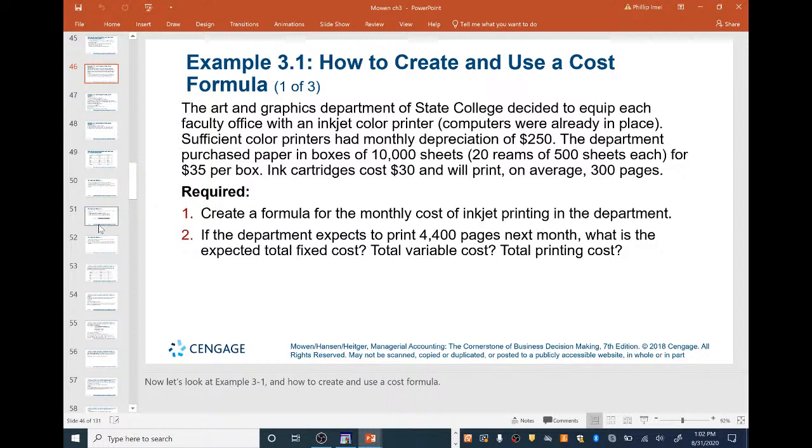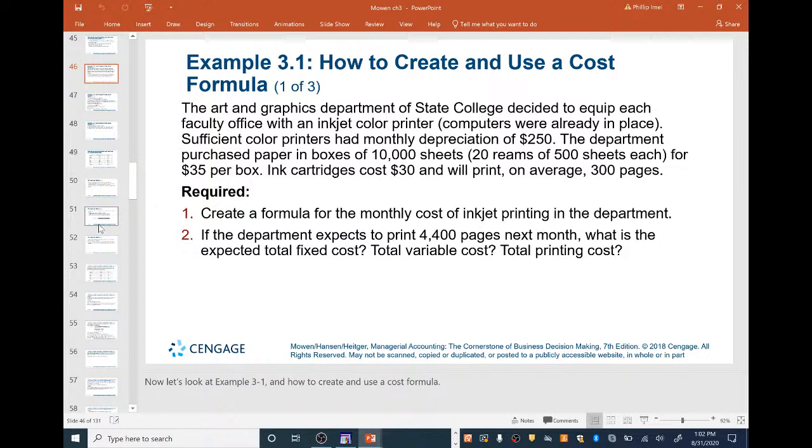Let's assume for this example that the computers were already in place at the time the inkjet color printers were installed. The printers had monthly depreciation of $250. The department purchased paper in boxes of 10,000 sheets for $35 per box. Ink cartridges cost $30 and will print on average about 300 pages.